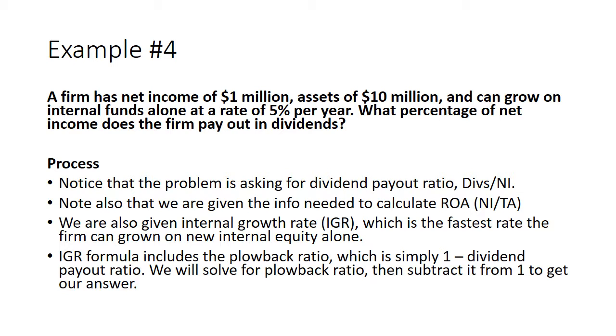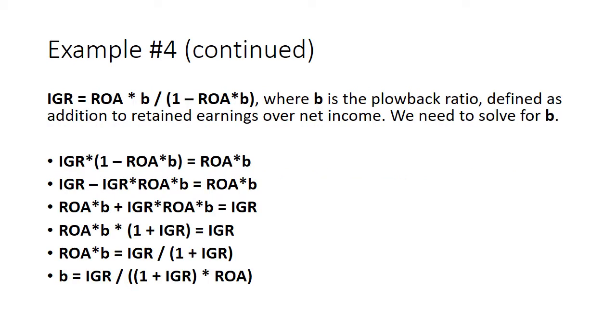Continuing with our final example, here we have the formula for internal growth rate. It's ROA times B divided by, open parentheses, 1 minus ROA times B, close parentheses, where B is the plowback ratio.